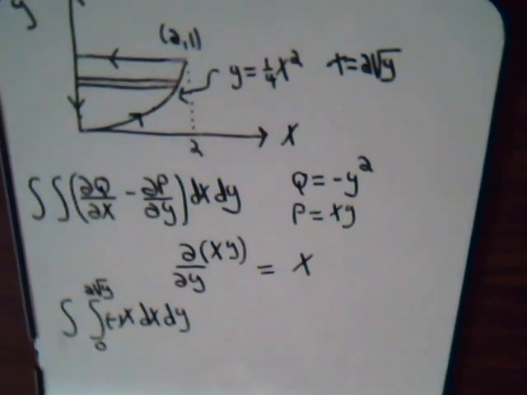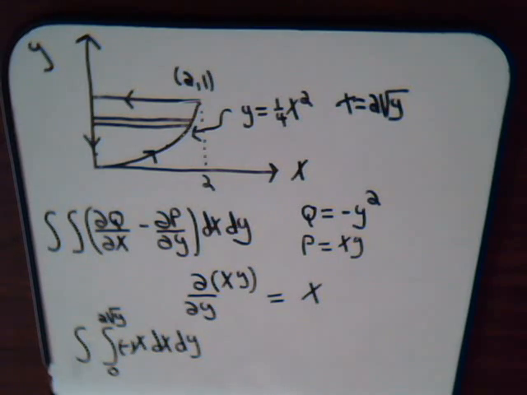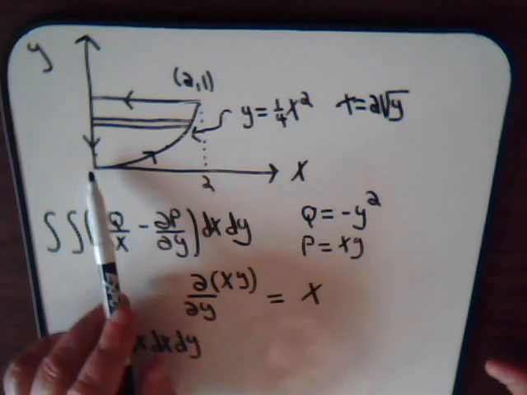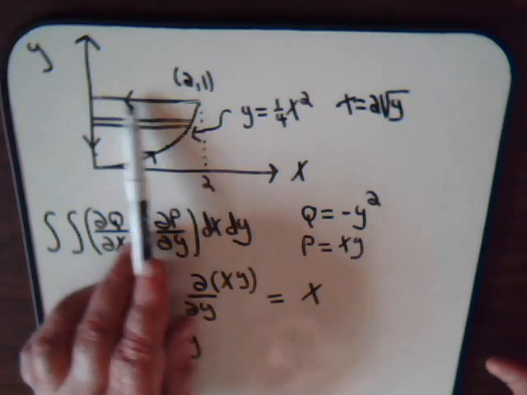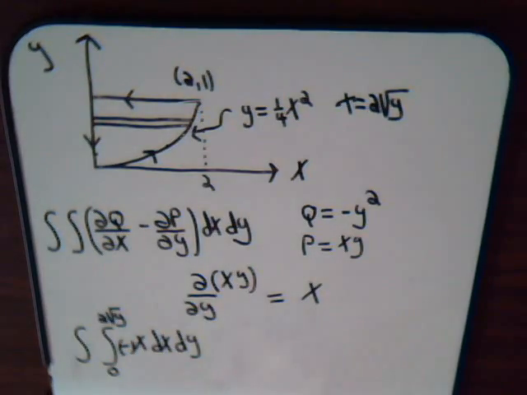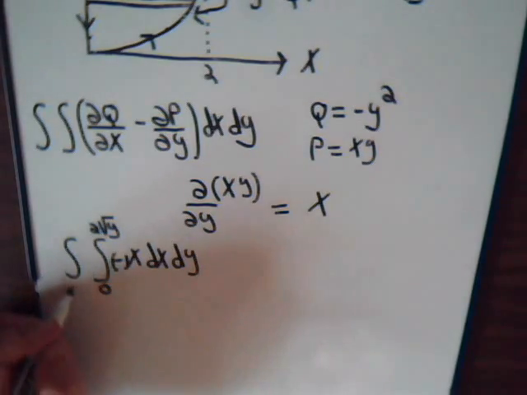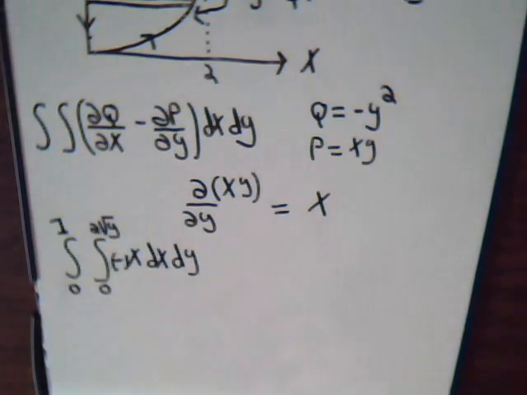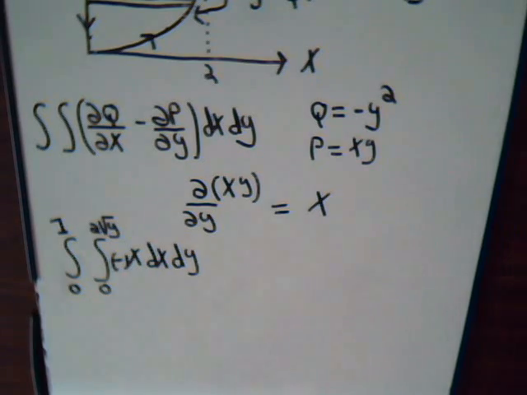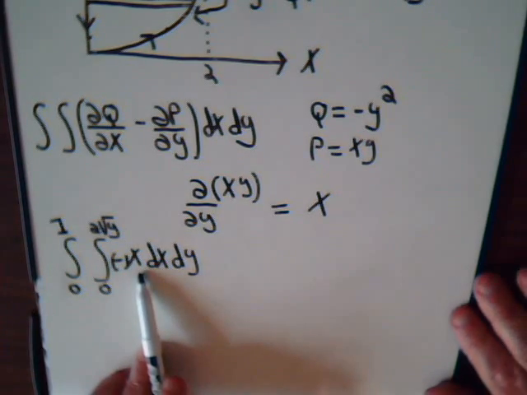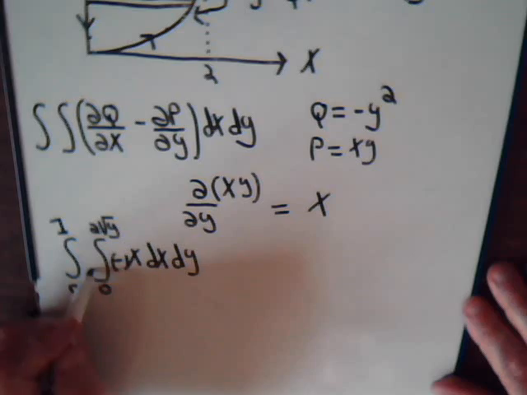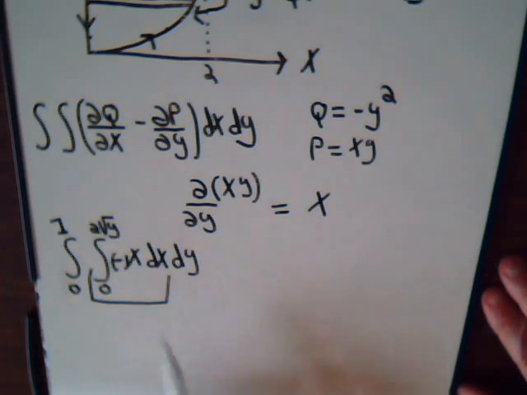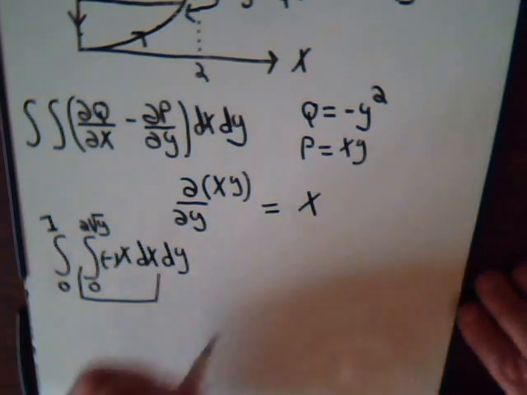And we add up all of these horizontal strips, starting down here where y equals 0, and keep going till y equals 1. So y goes from 0 to 1. So there's our double integral. Of course, when we integrate the inner one, that's minus 1/2 x squared.